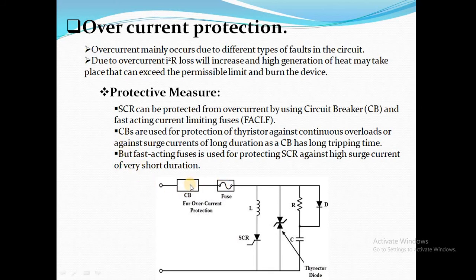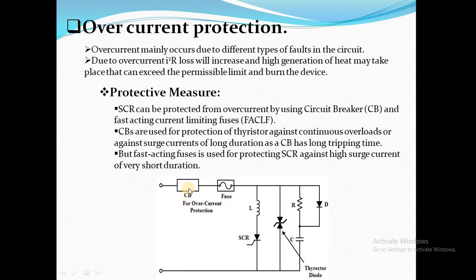But the circuit breaker has the advantage that it operates like a switch. If overcurrent occurs, the circuit breaker trips. It senses the overcurrent and automatically trips, and it opens and stops the further flow of current to the SCR. In that manner, these two protective measures protect the SCRs here.